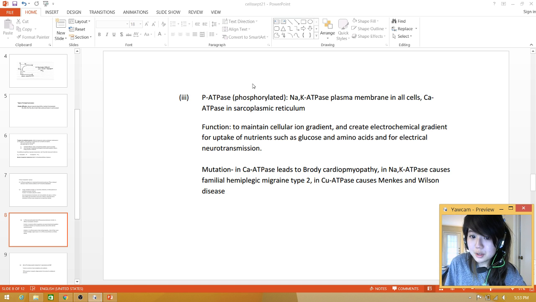So calcium ATPase can be found on the plasma membrane, but it can also be found on the sarcoplasmic reticulum right here. Calcium plays an important role in the contraction and relaxation of the heart, so a mutation in calcium ATPase will cause cardiomyopathy, and then NKA mutations will cause migraines.